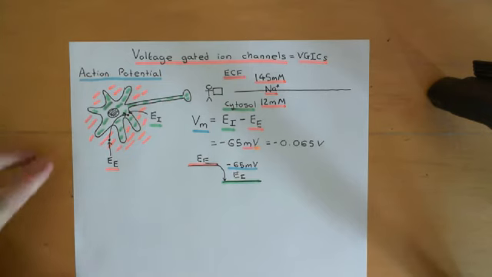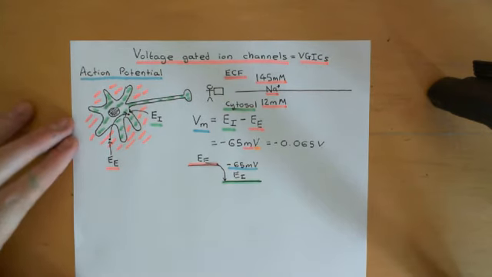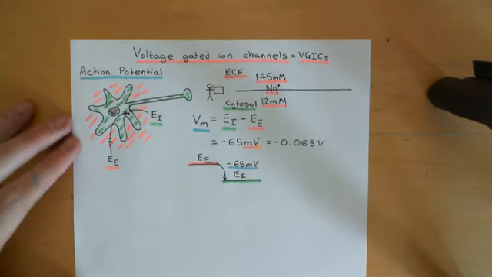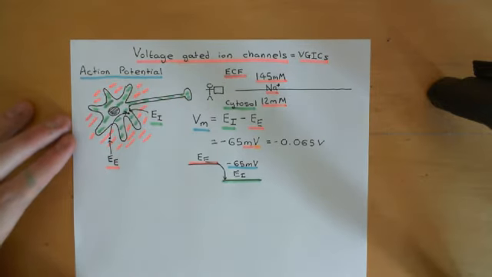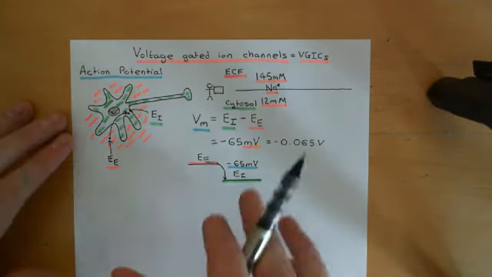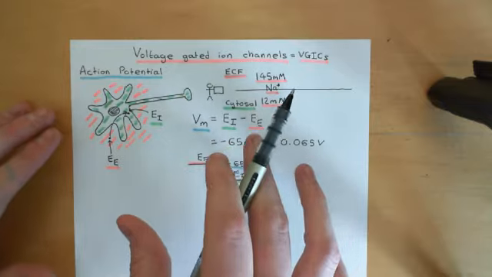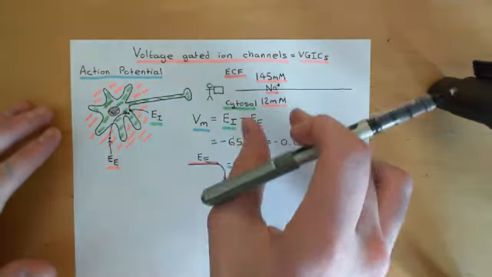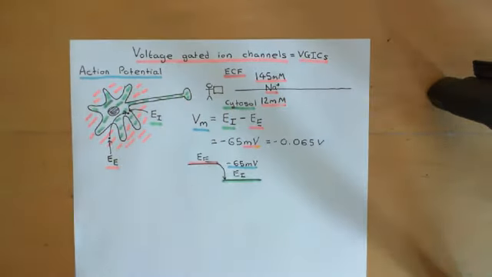So there's a 12-fold concentration gradient favouring the movement of sodium into the cell. That's the important thing. The absolute numbers don't really matter that much. The relative size of the concentration extracellularly to the concentration intracellularly is what's important, the 12-fold gradient favouring the movement inwards.